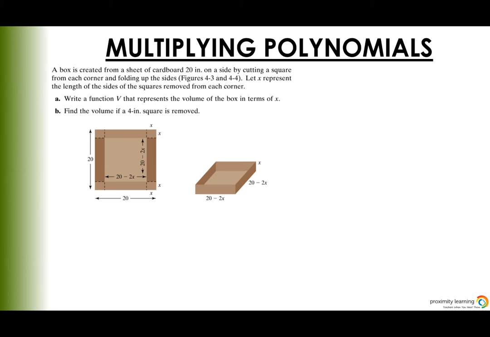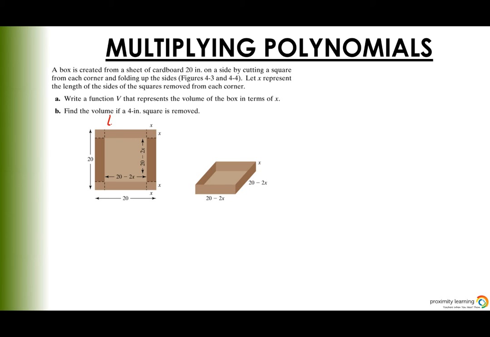We're going to pretend for whatever reason our measurements got screwed up, or we're going to see how we can adjust different measurements. So a box is created from a sheet of cardboard 20 inches on a side by cutting a square from each corner and folding up the sides, which in this case is figures 4-3 and 4-4.